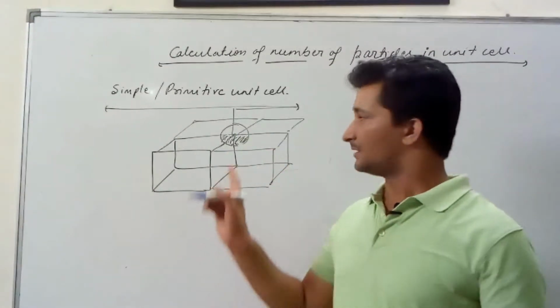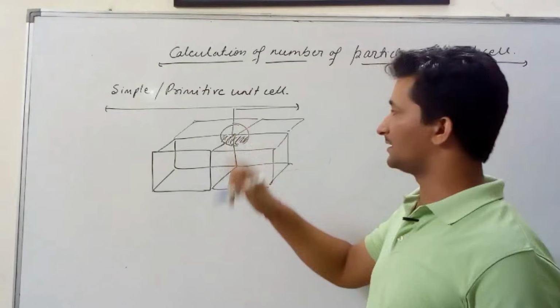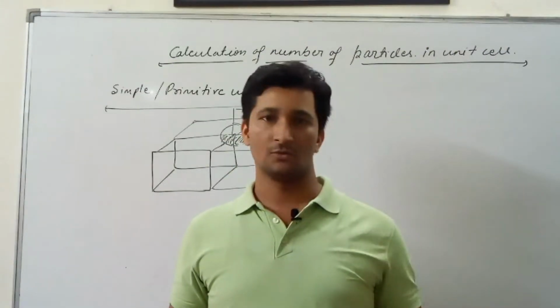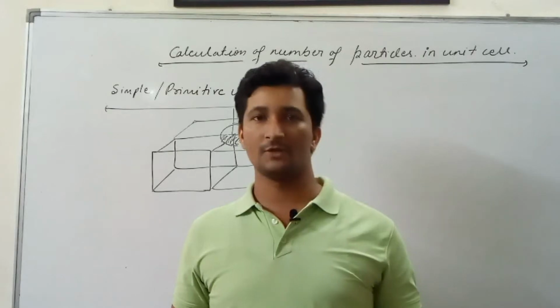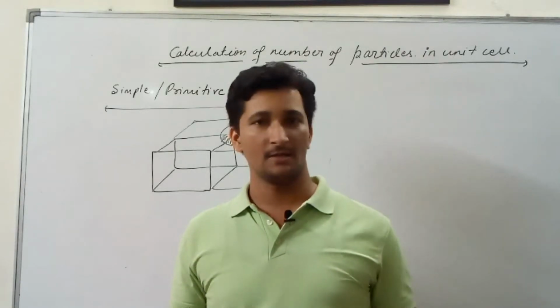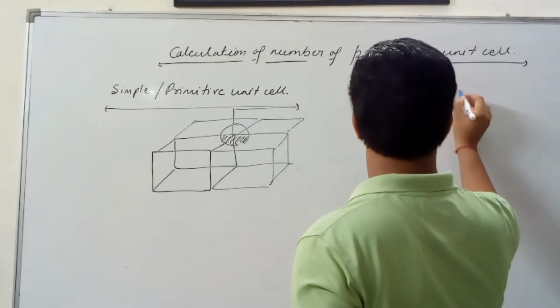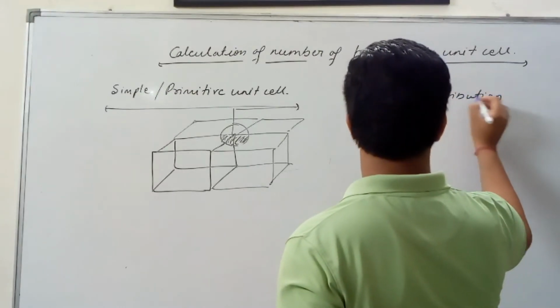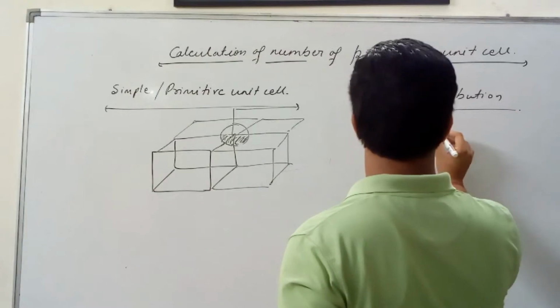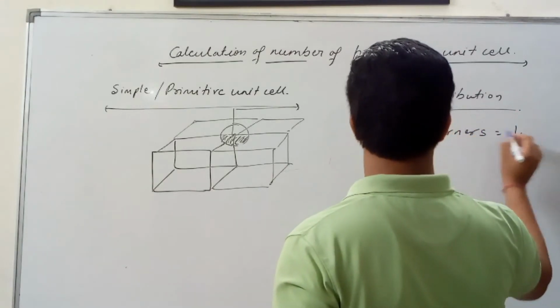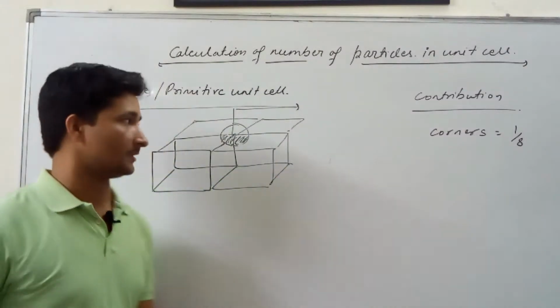It means that the sphere or particle present at this corner will be shared equally among 8 unit cells. So the contribution inside one unit cell is only 1/8. So from corners, the contribution is 1/8.